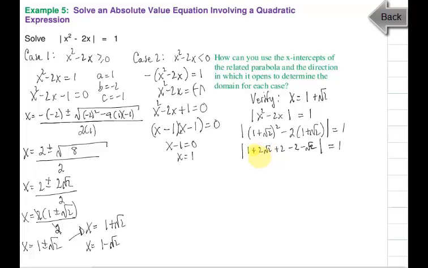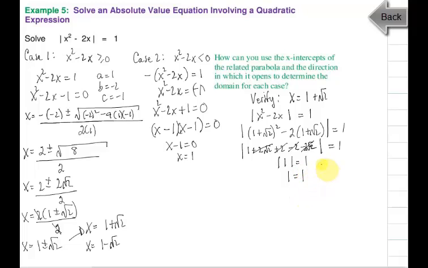Okay, simplify what we can inside the bracket, so positive 2 root 2 cancels with negative 2 root 2, and then positive 2 with negative 2. So we're left with 1, and so the absolute value of 1 is equal to 1.